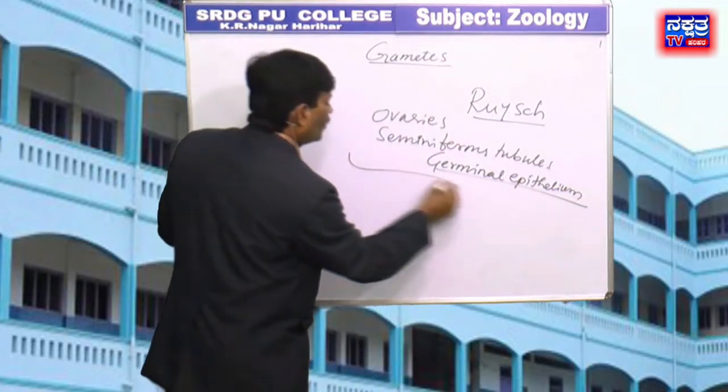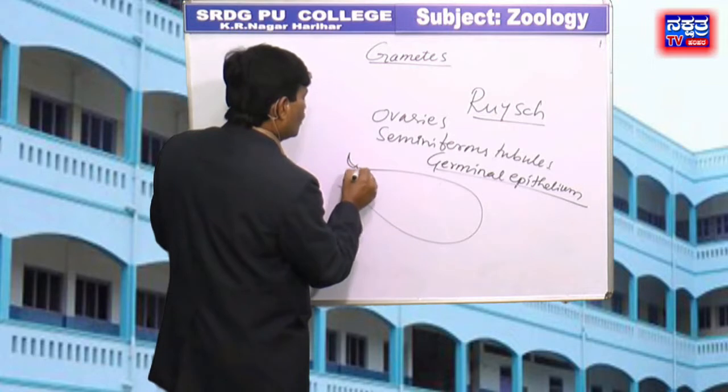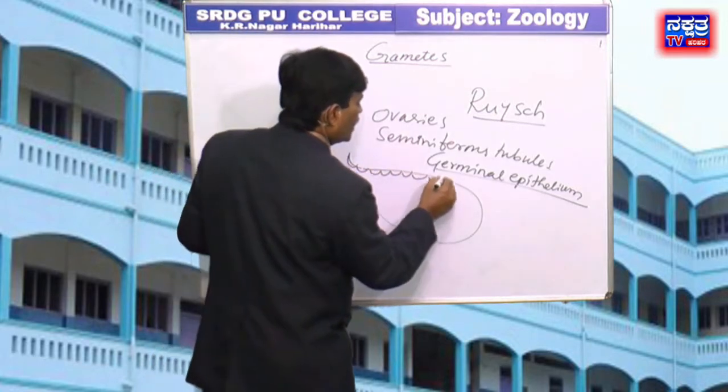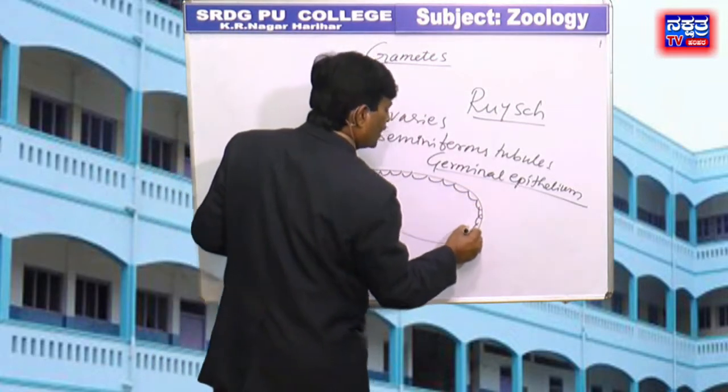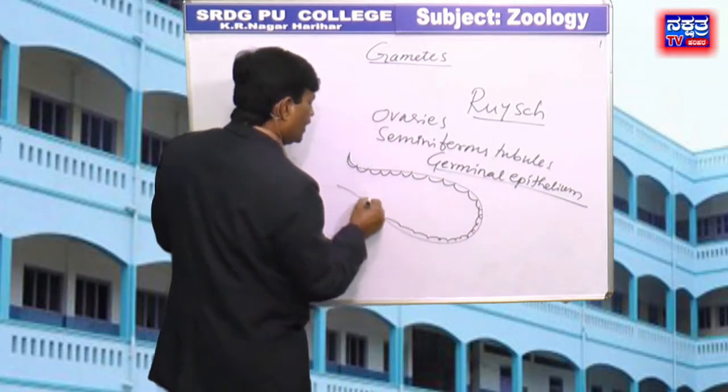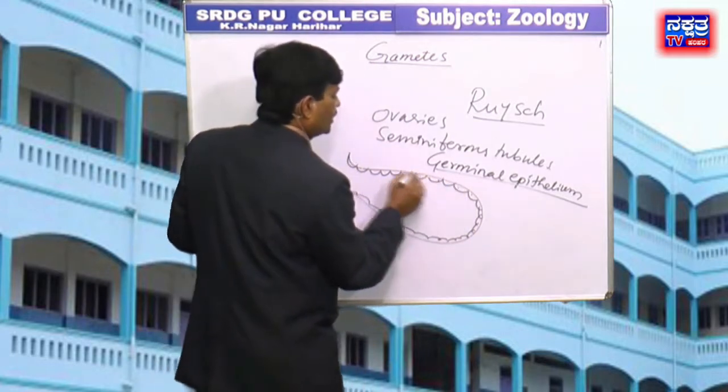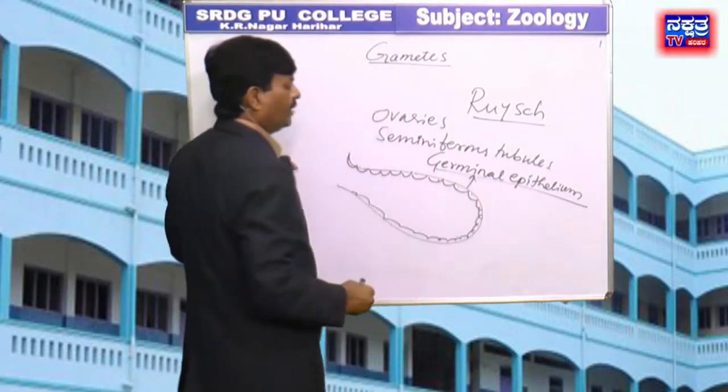Okay, the ovary is covered or bounded by an epithelial tissue, then this is called the germinal epithelium.